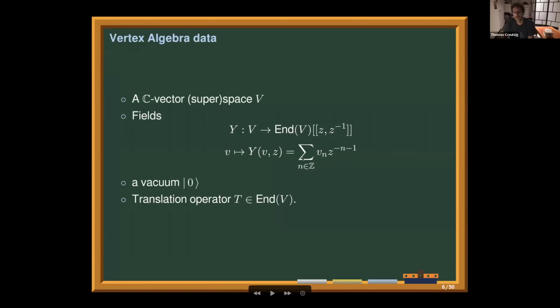And then it's an infinite sum where each coefficient is an endomorphism. That means an operator that acts on the vector space. And then it has a distinguished vector, the vacuum vector, and also a translation operator. This translation operator is usually identified with the L-1 of the Virasoro algebra.